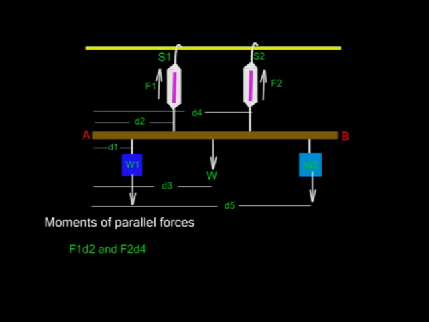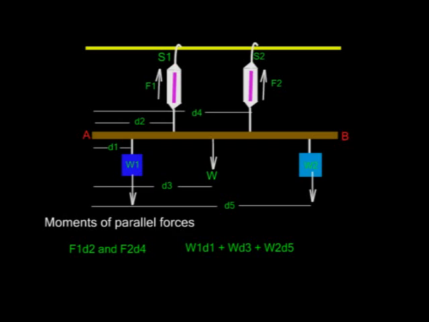The forces due to the weights W1, W and W2 produce clockwise moments about A. They pull that bar downwards. Their sum is W1 times D1, that is the moment of W1 about A, plus W times D3, that is the moment of W about A, plus W2 times D5, the moment of weight 2 about A. Notice the distance from W2 to A is D5.